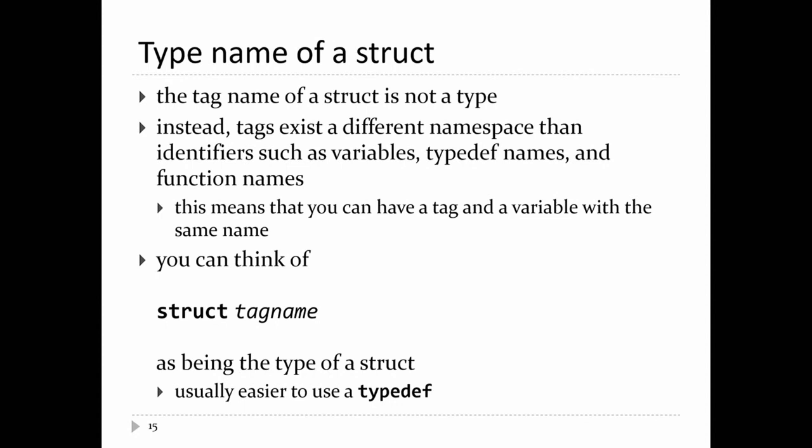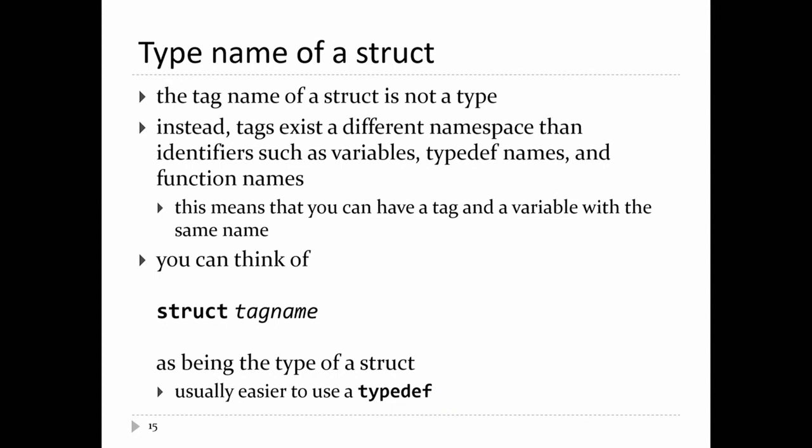They're separate things, and that means you can have a tag name that's the same as a function name or a variable name. I can have a tag and a variable that have the same name. Struct followed by the tag name is the name of the type.